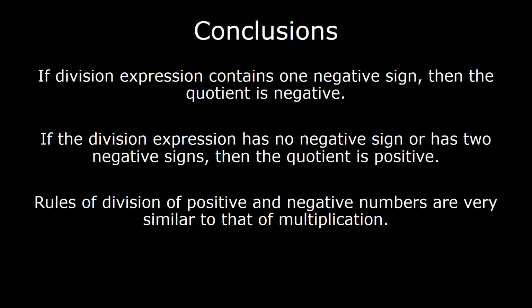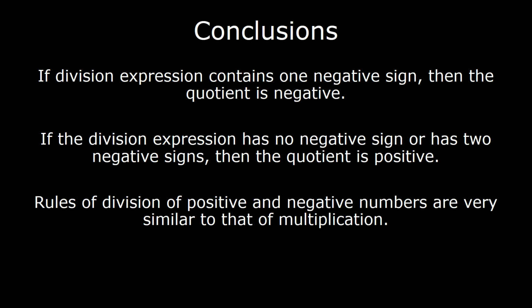What do I mean by this? When we had 21 upon 7 or minus 21 upon minus 7, we got our quotient as 3 both times, which is to say that if we had no negative signs or if we had two negative signs in our division expression, then the quotient would be positive.